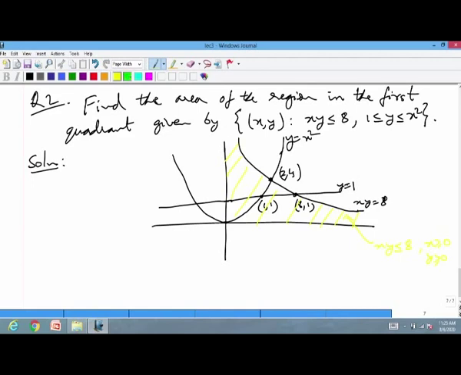Now, let us draw the region y greater than or equal to 1. This is above this line. This is the region y is bigger than or equal to 1 in the first quadrant.